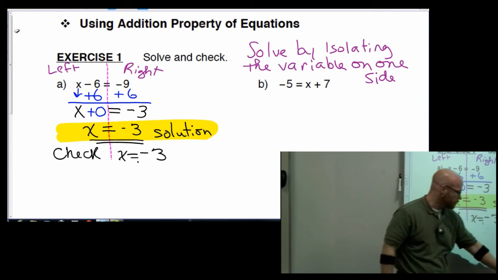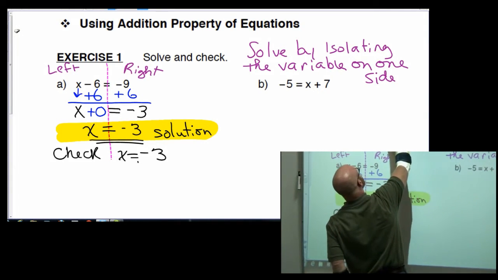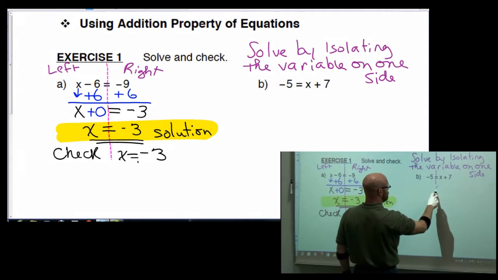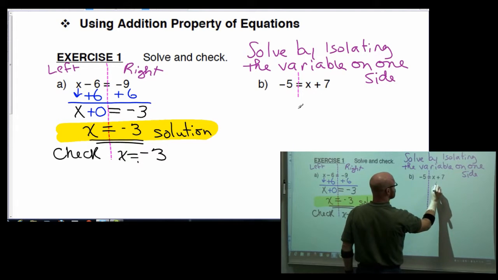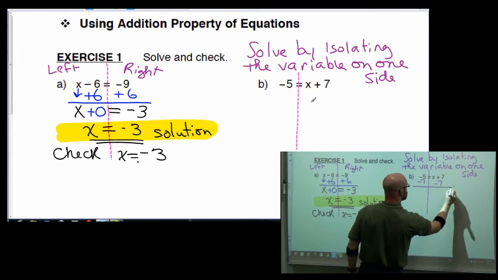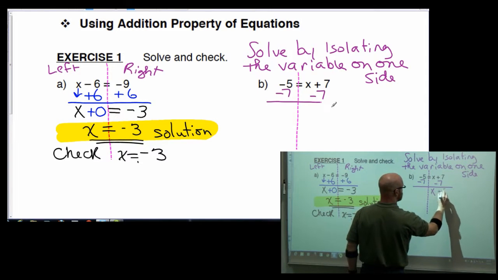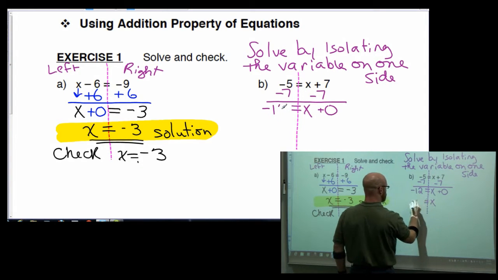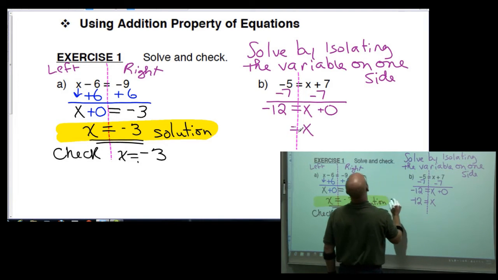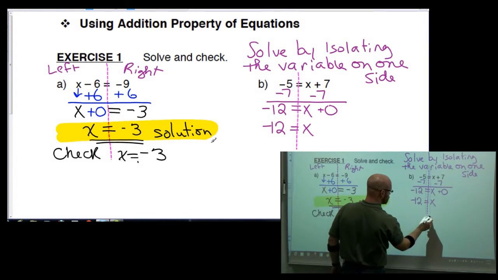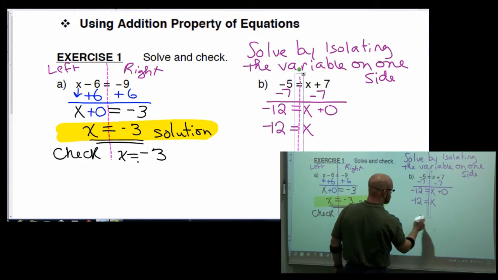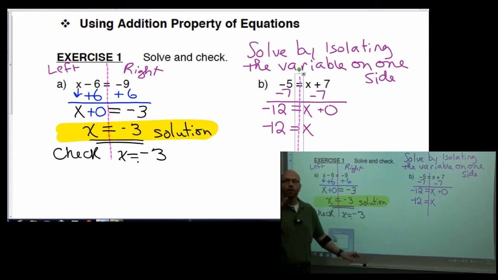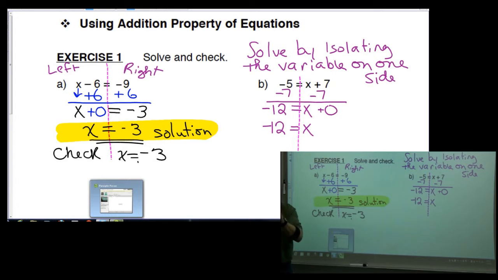Take away 7. Anyway, you can see now negative 12 equals x.